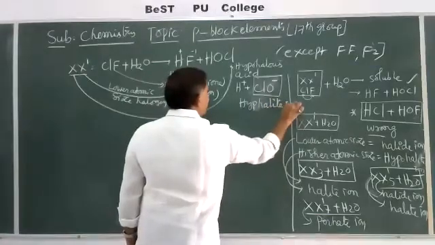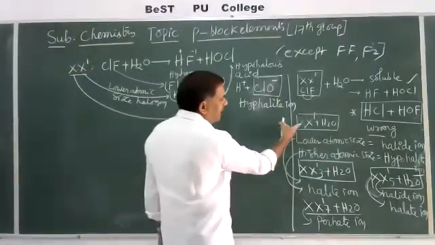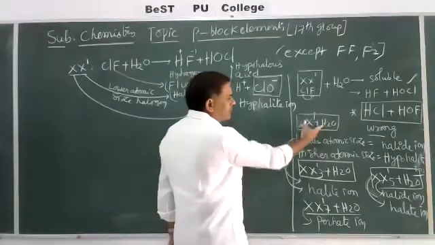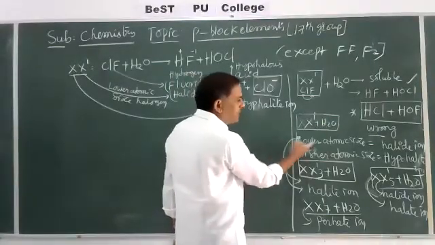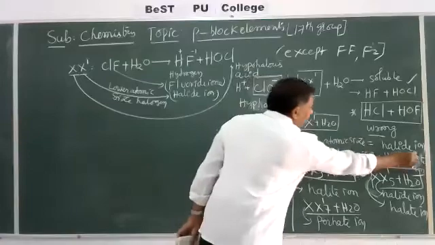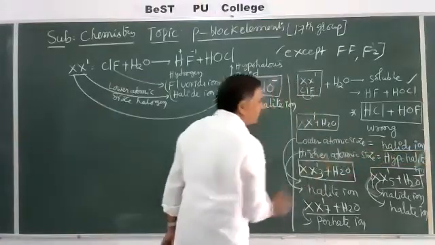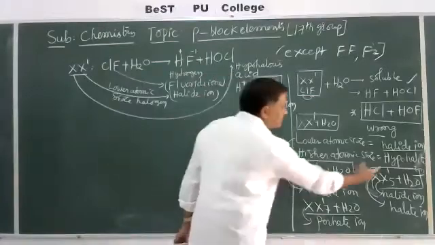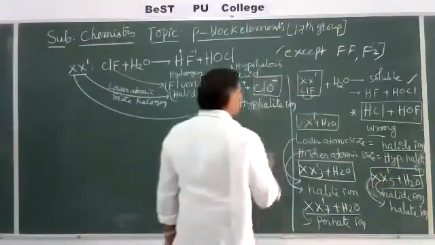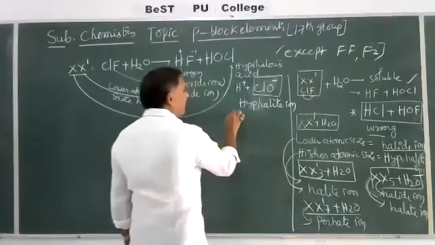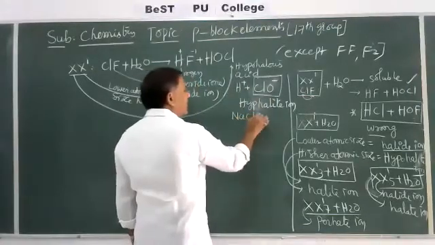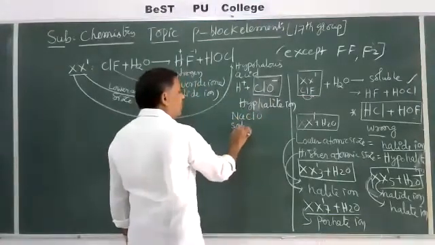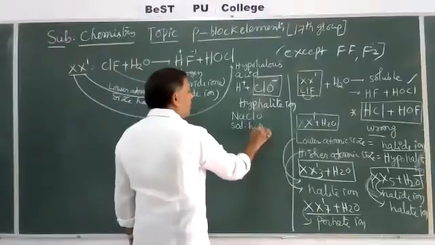This ion is called a hypohalite ion. Now clear? X dash is reacted with water. Lower atomic size halogen gives the halide ion. Higher atomic number halogen atoms give hypohalite, like NaClO, sodium hypohalite.